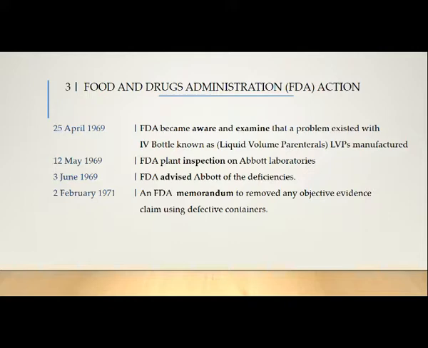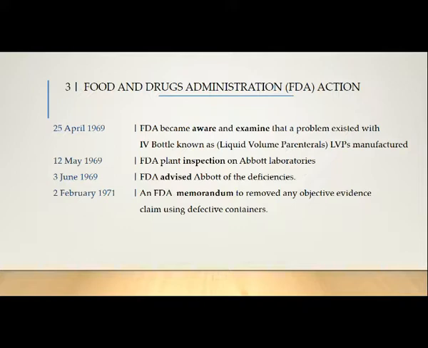On 3 June 1969, FDA took action to advise Abbott of the deficiencies. Next, on 2 February 1971, an FDA memorandum was issued to remove any objective evidence claim using the defective containers.